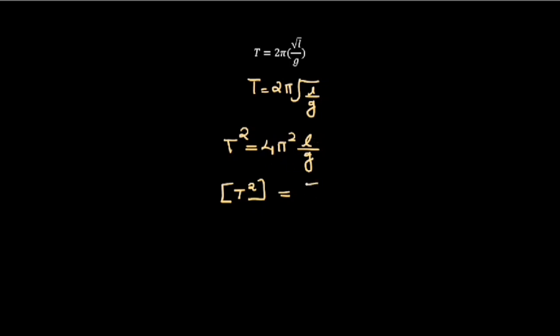The dimension of length is L and the dimension of G is L T raised to minus 2 as G is equal to acceleration. Here we can cut this L and L. We get T raised to minus 2. When it comes to numerator, it will be T raised to 2.